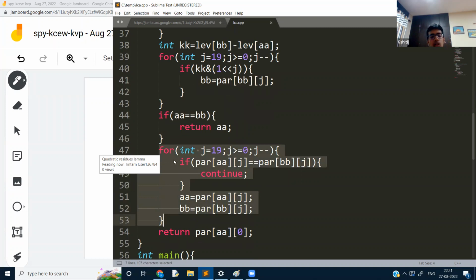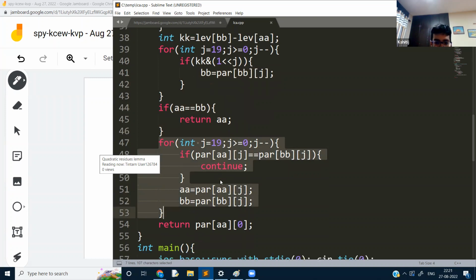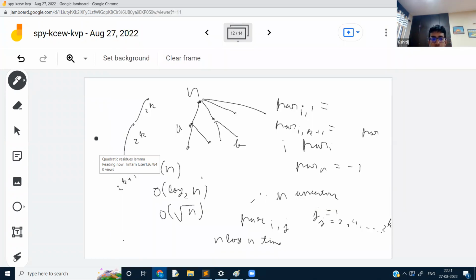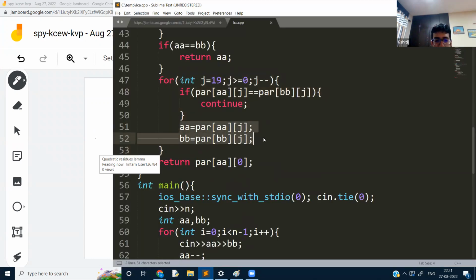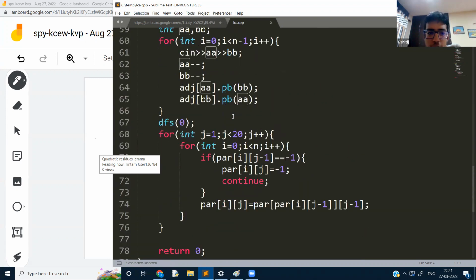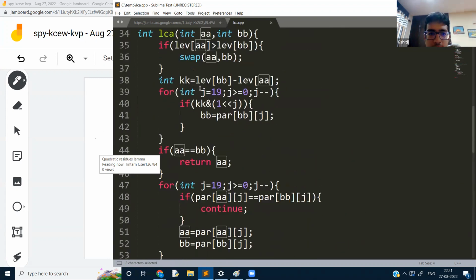Now, if they are not, we iterate over powers of 2 and find the node just below the LCA. And now the nodes are just below the LCA at this line. And on this line, we return the direct parent and we find the LCA.